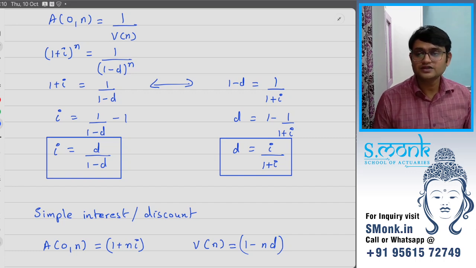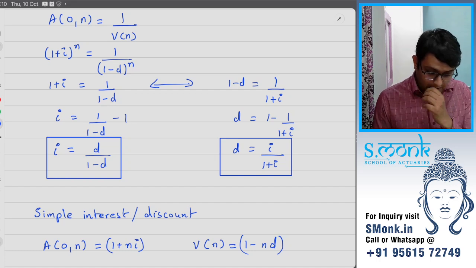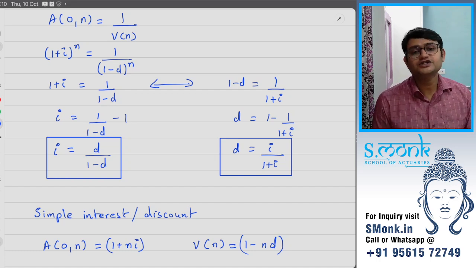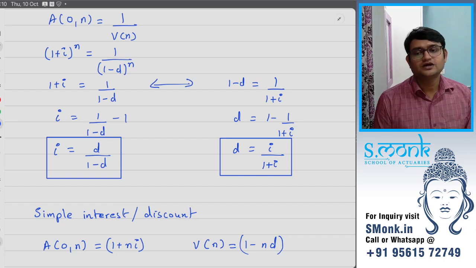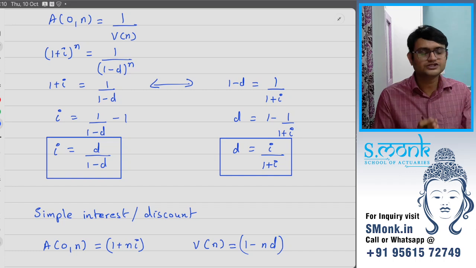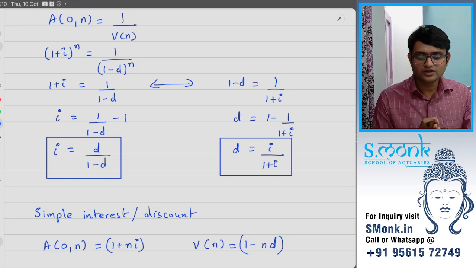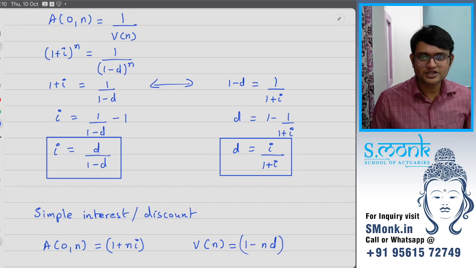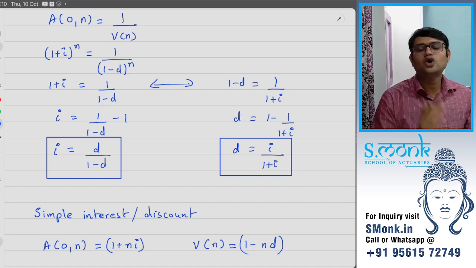Throughout CM1, we will have a lot of formulas. Now the IFoA examination as well as IAI examination, both of these examinations are closed book examinations. That means you cannot keep any book open, you cannot have your own formula sheets, nothing. It's a closed book examination, so you will have to remember all the formulas.